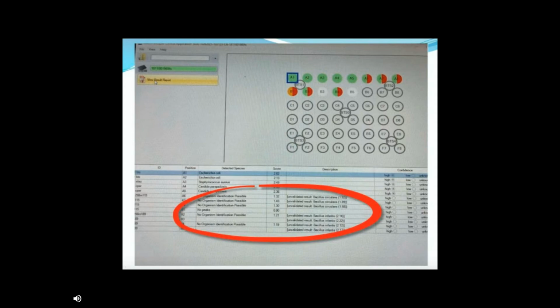And in this situation, we had no organism identification possible, but yet on the research side, it gave us an identification of a bacillus, which was greater than that 1.8. So in this situation, because we've validated the research side, we are able to put that in as a bacillus species, not anthracis, and we would just use that code presumptive ID because it is on the research side.